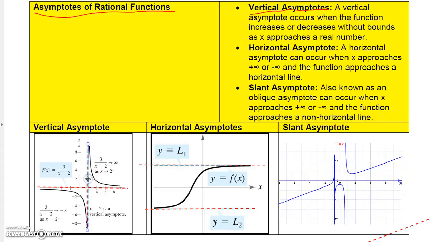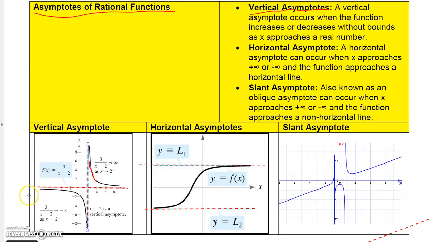If you look here, you'll see that as you get closer and closer to that number, that vertical line there is the line x equals 2. Notice that if you follow the graph and get closer and closer to x equals 2, the graph is going to increase without bound.